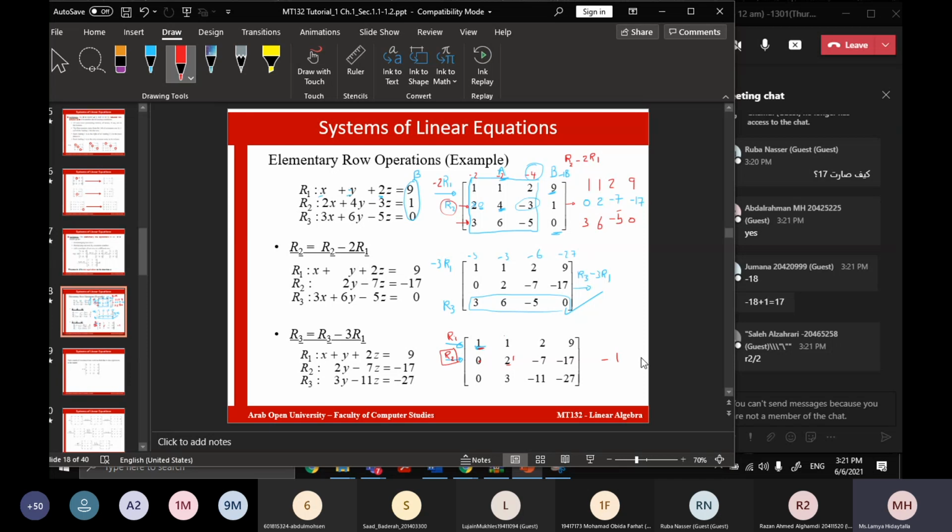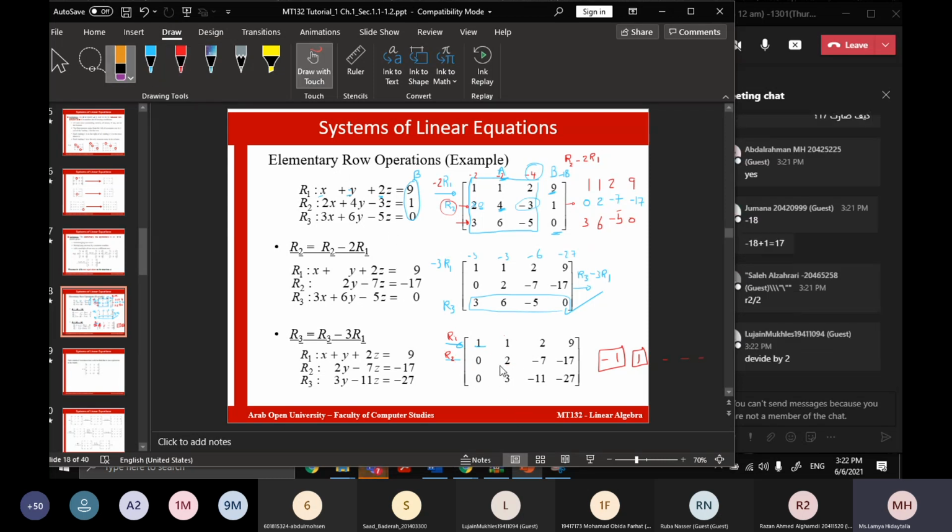Correct? 2 minus 1, yes, this is 1. But now there is a number here: here 1 and here I will have minus 1. That means I removed the zero and I need it there. So make sure not to change this 2. When they are zeros, they should remain zeros, otherwise you will find yourself going in a loop.